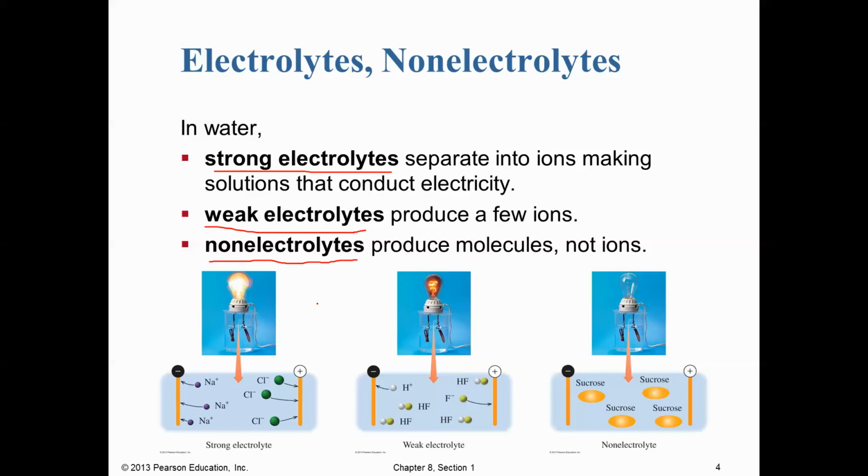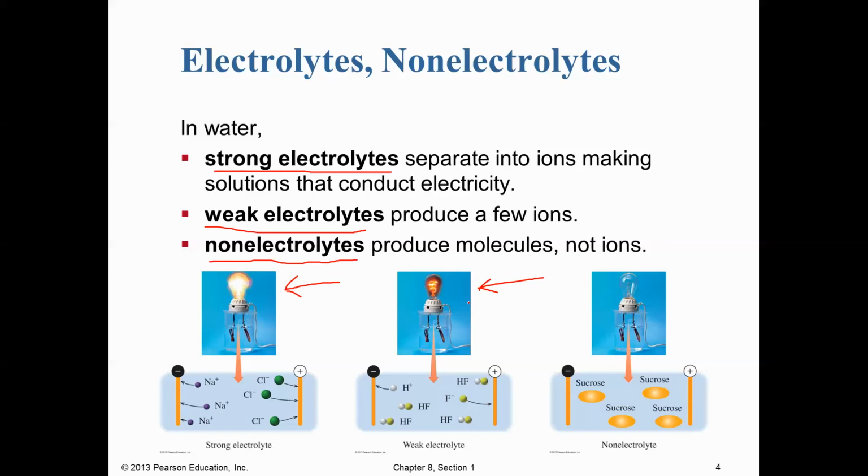There's a very simple way to test if something's an electrolyte. If you dissolve it in water, the water will only conduct electricity if there's ions present. So with a strong electrolyte, what we see is our water actually become highly conductive when a strong electrolyte is present. Now, if we have a weak electrolyte, well, we're going to see a small amount of electricity being conducted.